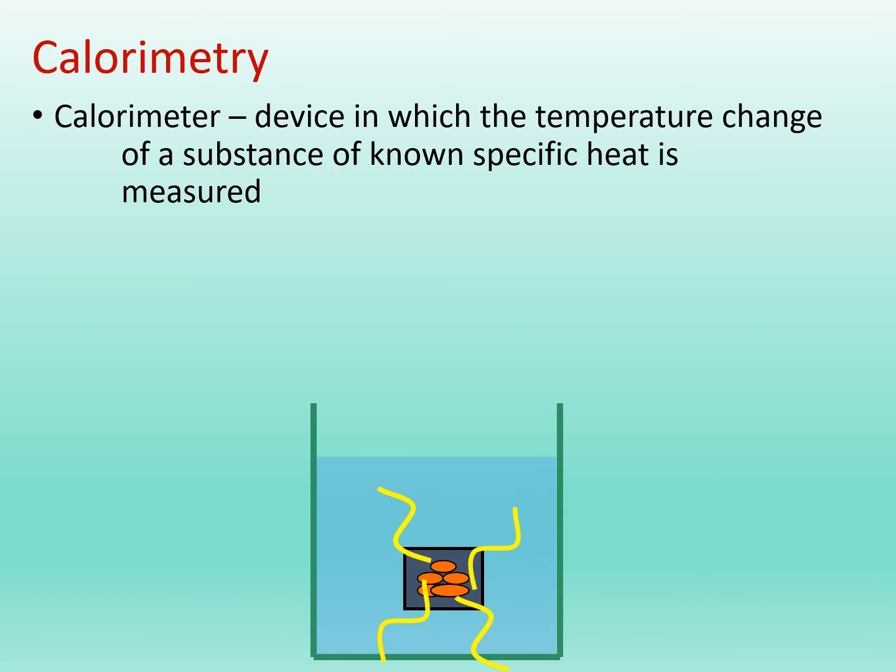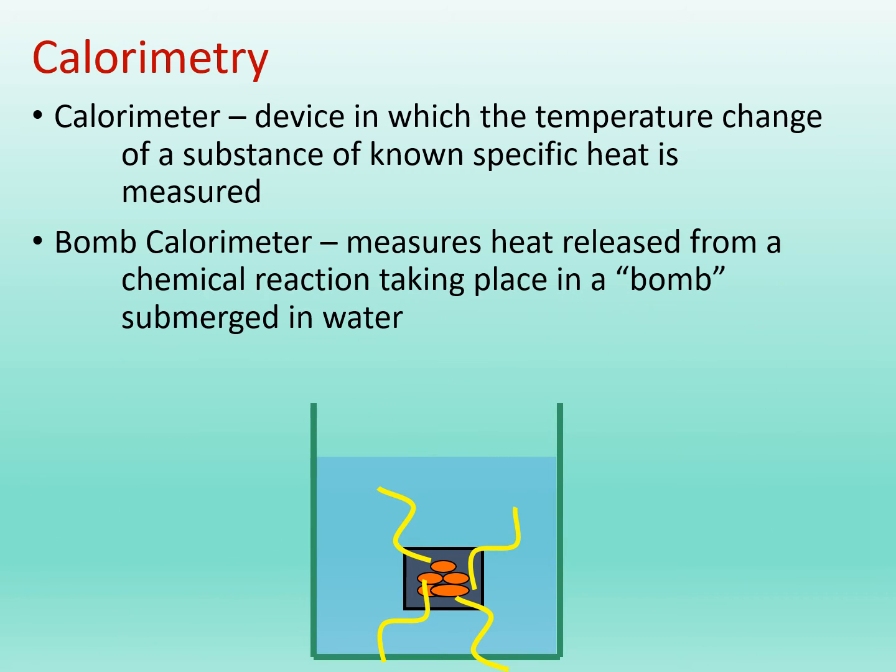Exothermic, endothermic. Now, I throw this one in here just kind of as a thought. Bomb calorimeter. The difference between a regular calorimeter and a bomb calorimeter is that the regular calorimeter is open. If you're going to do something that's going to generate a gas, you're probably going to need a regular calorimeter.